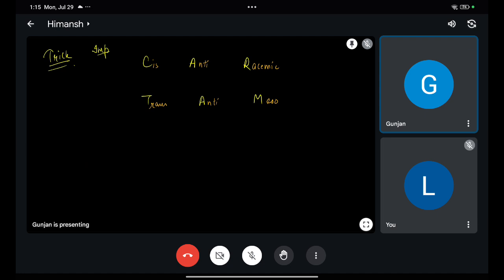Getting it? If we have a cis alkene and anti addition happens, anti addition means the groups add in the opposite side. Remember the bromination we did? That was anti. Remember or no? Yes, ma'am, I remember. And trans anti needs it. Accordingly, you can make that opposite.